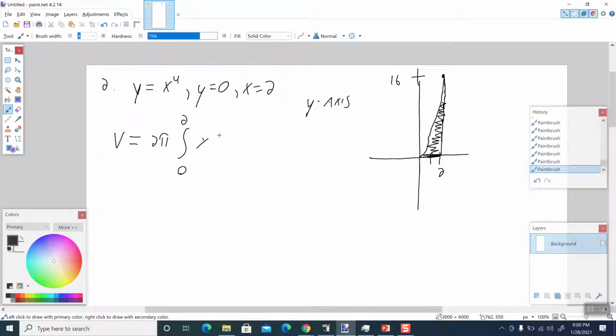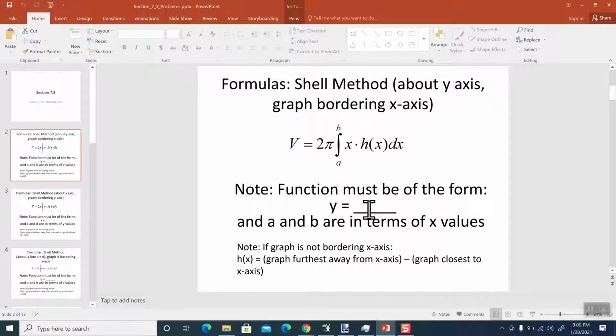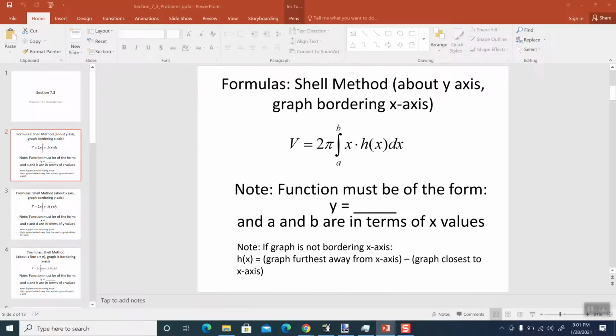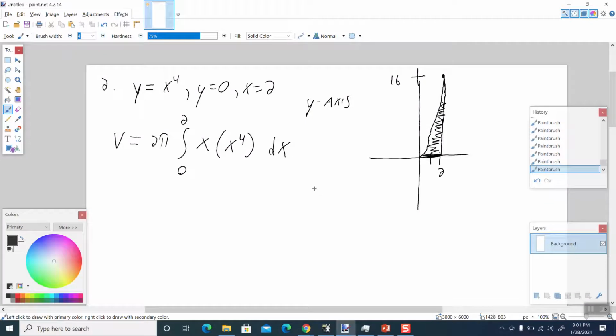And then I have to have an x here times our function, and it has to be solved for y, which this one is solved for y. And is there no squared? No squared. So dx. I might even be able to do that one. That's x to the fifth. That'd be 1/6 x to the 6, 0 to 2. 2 to the 6 is 64. Divided by 6 is 32/3. Times 2, 64/3 pi. Okay.